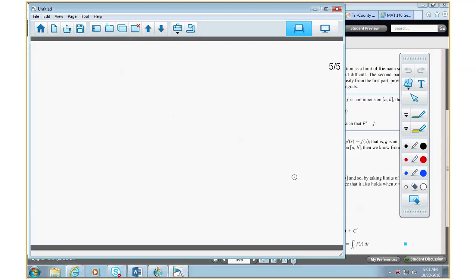All right, let's try again. The antiderivative of 12x squared dx. Try that.